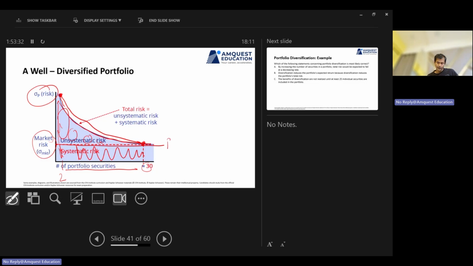And this is what you should be compensated for, because if you're smart enough, you should have diversified all these risks and removed them. Clear, guys? Okay. And this is the crux of portfolio diversification. Try to diversify in such a way that all your market risk is intact and only stock risk is removed.